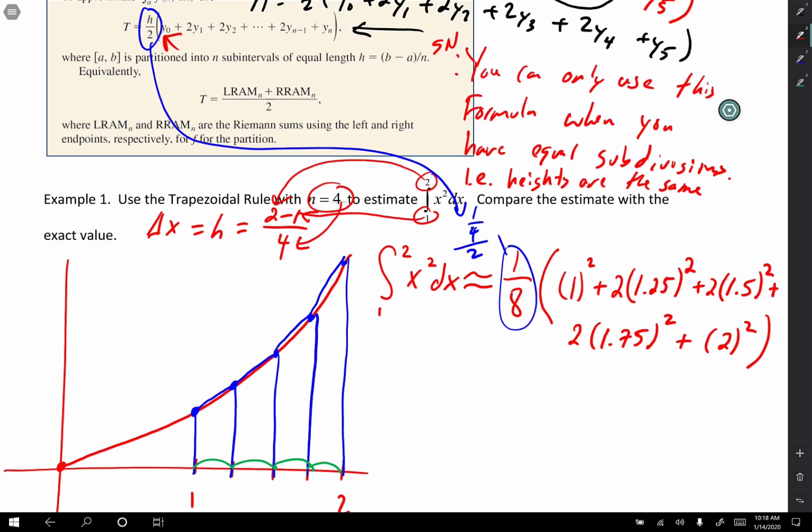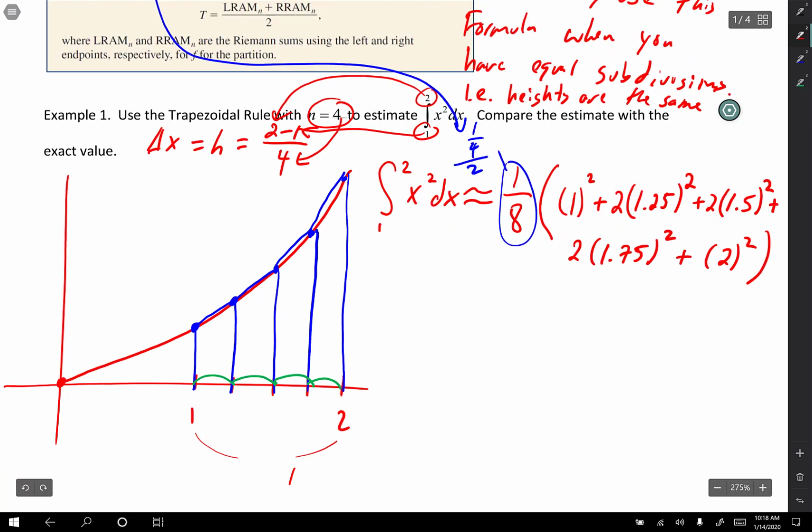Plus 2 times 1.5 squared, plus 2 times 1.75 squared, plus 4. Enter, and whatever that is, I'm going to divide by 8. And there it is. So my approximate area is 2.34375.